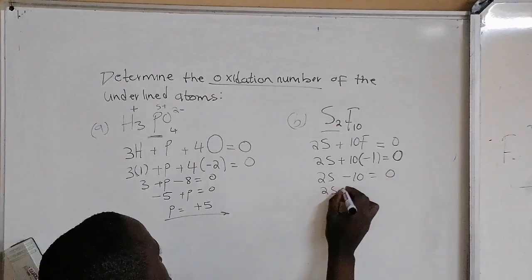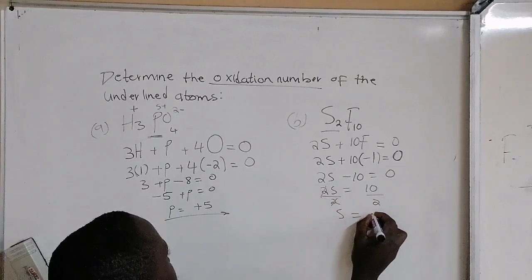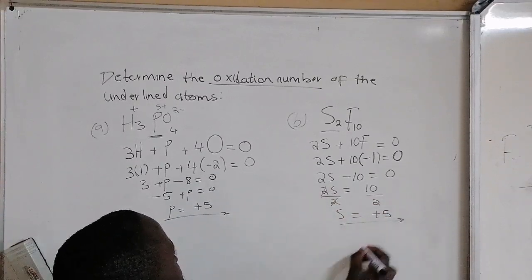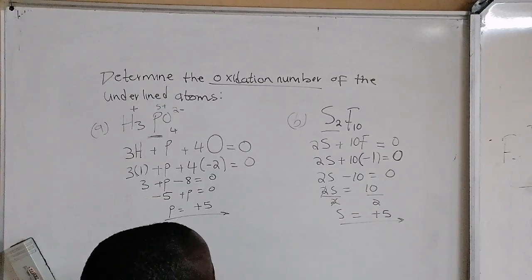Then we make S the subject of the formula, we divide by 2 on both sides. Then we have S as positive 5. It means that the oxidation number of the sulfur atom is positive 5. I don't know if you are following.